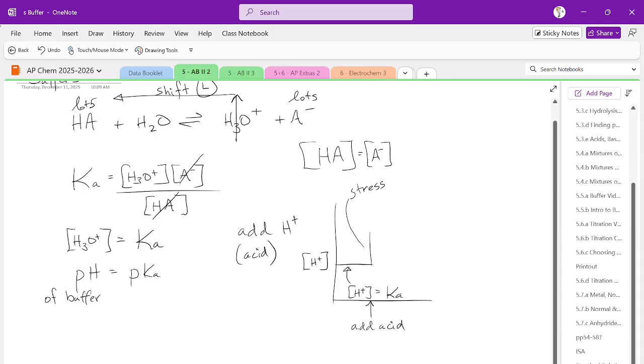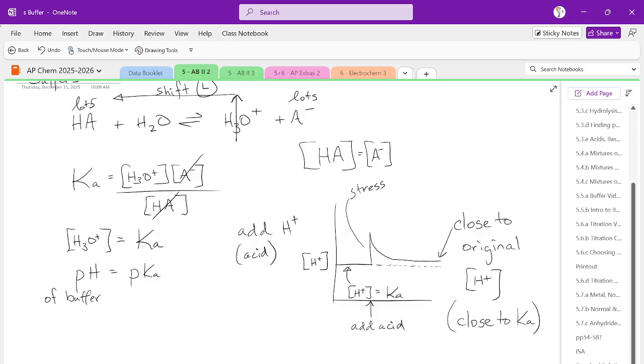Then as it shifts to the left, it comes back down, and it gets close to, but not quite to, its original value, which means it's going to get close to the numerical value of Ka, because hydrogen is equal to Ka. And that's all it means.